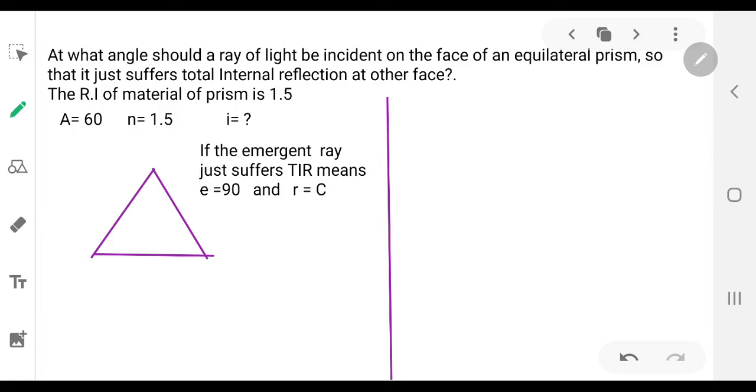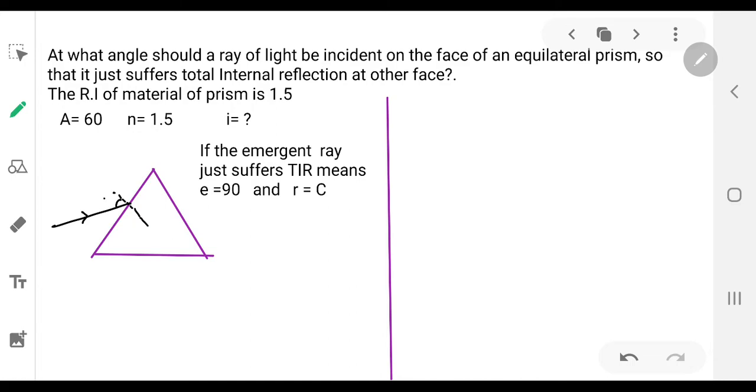The next question is, at what angle should a ray of light be incident on the first face of an equilateral prism so that it just suffers total internal reflection at the other face? Now we'll see the diagram of that question. If this is the incident ray at the first face, draw the normal to the surface.